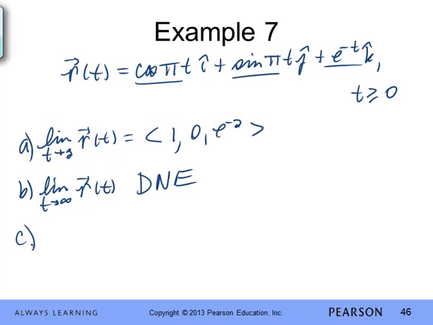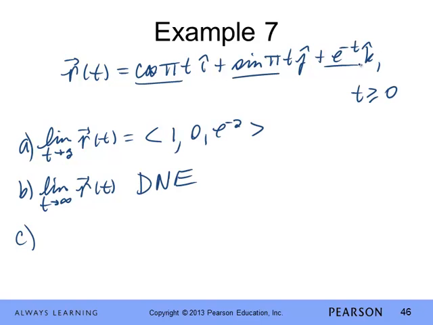C. At what points is r continuous? Well, we need to take a look at the continuity of the individual functions. And just like for the domain, the intersection of the sets of t for which the individual components are continuous will be the set of continuity for r.